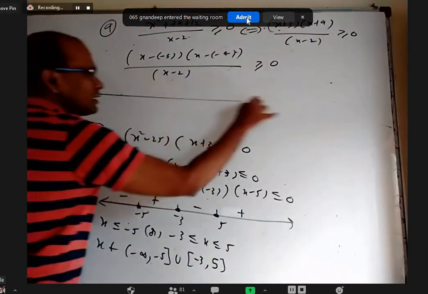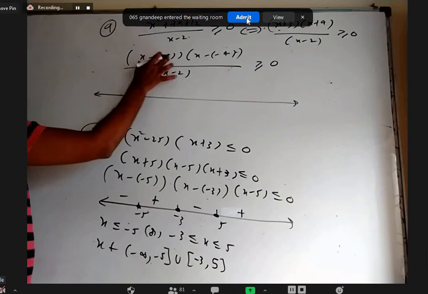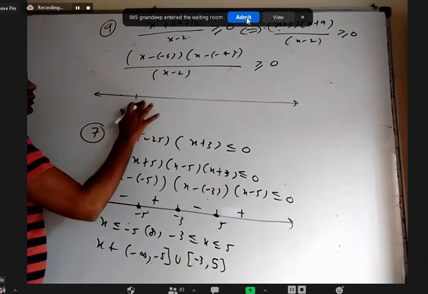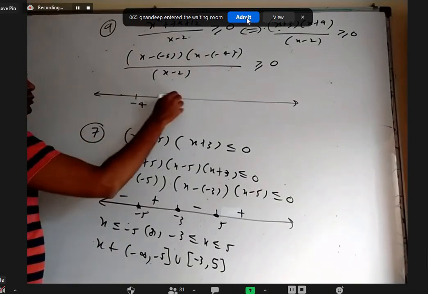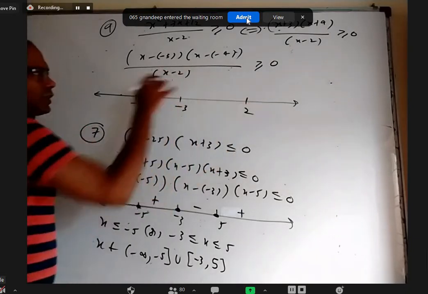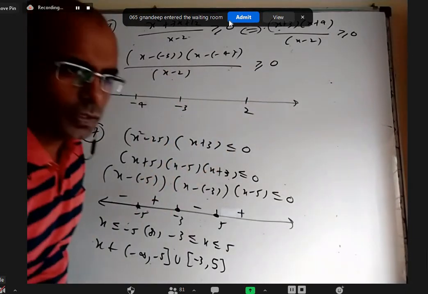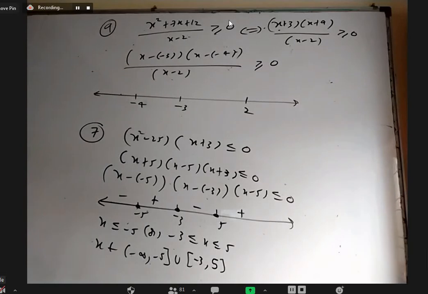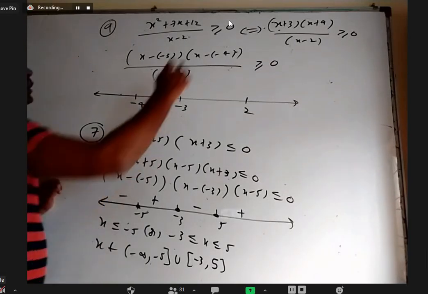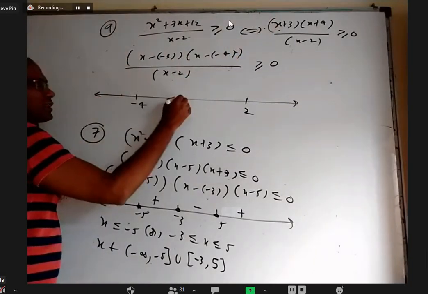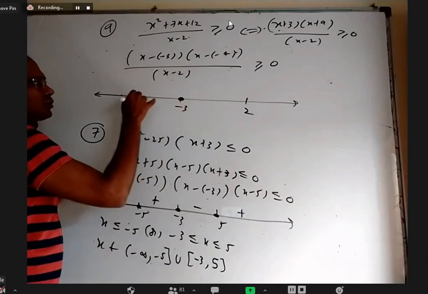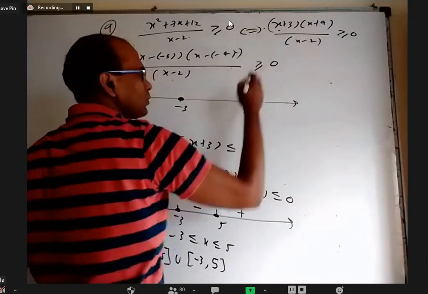The three numbers which play a major role are minus 3 where this becomes 0, minus 4 where this becomes 0, and plus 2 where the denominator becomes 0. Because equality is there, I have to see which number is closed and which is open. Numerator can be 0, so minus 3 and minus 4 are closed. But x cannot be 2 because the denominator should not be 0, so it is open.